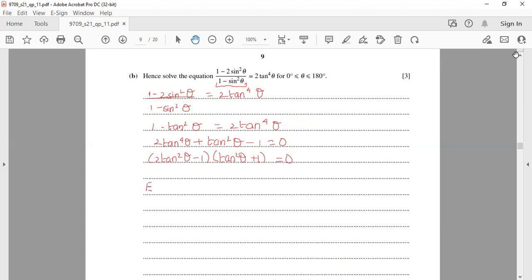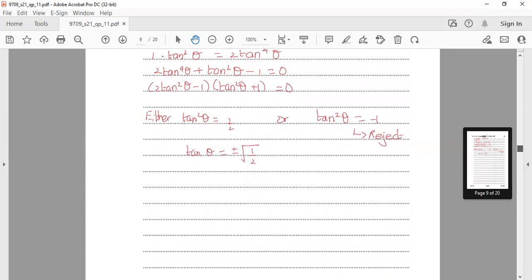Let's solve. Either tan squared theta is equal to half, or tan squared theta is equal to minus 1. So tan theta here is either plus or minus the square root of half. And here you have the square root of negative 1, which is a complex number, so we will reject this one. Let's continue with tan theta equal to plus or minus the square root of half.